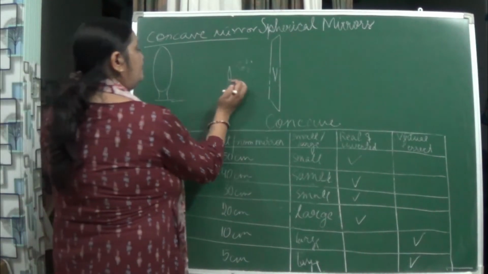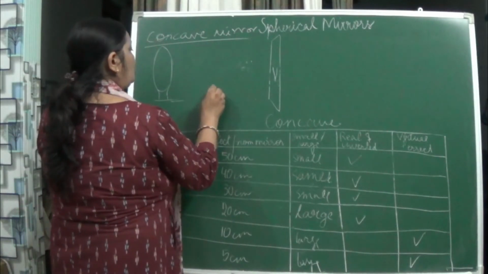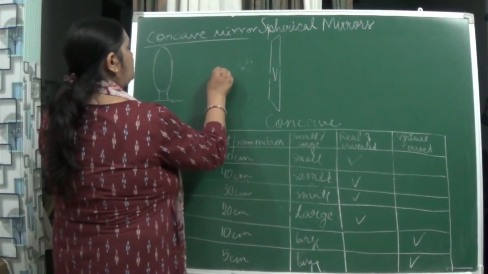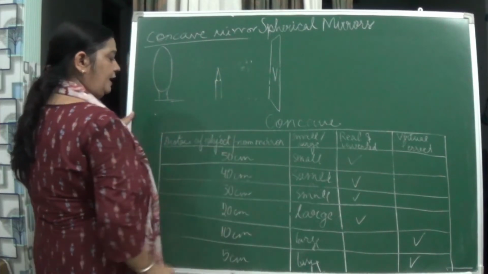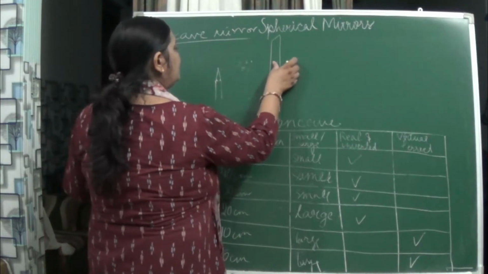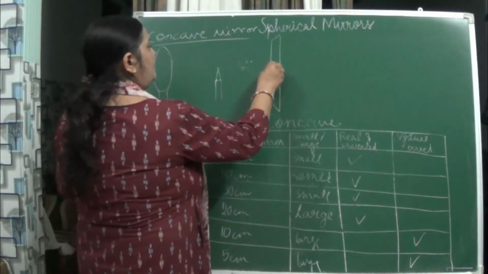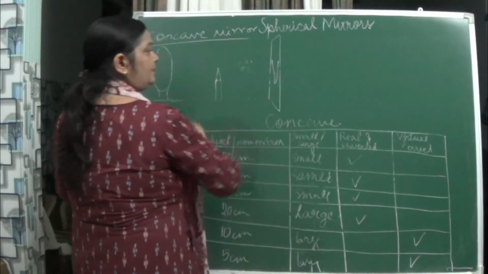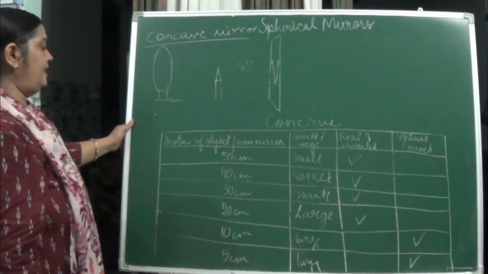Now keep this candle at 20 centimeter from the concave mirror. In this you will get a real and inverted image only, but it will be magnified. This is magnified.